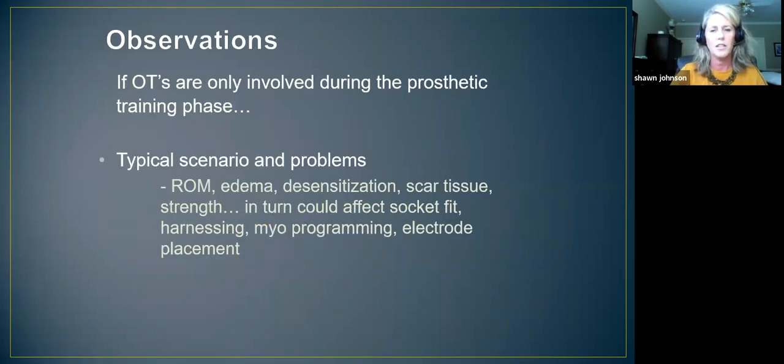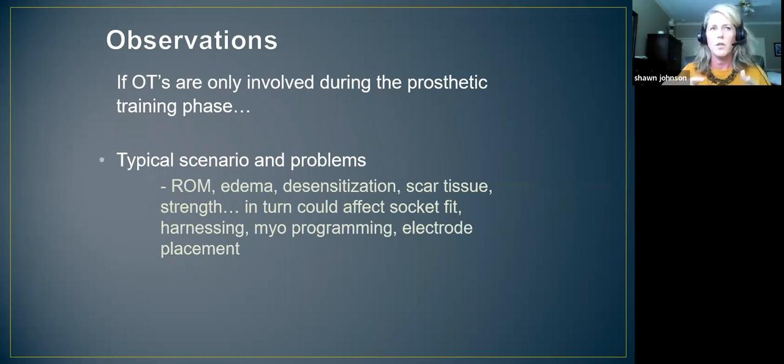If they're only involved after someone has already received a prosthesis, you can run into a few problems: if range of motion is an issue, if swelling is an issue, if there's hypersensitivity, if there are scar adhesions. A lot of those things, if we address them, could ultimately impact how a socket fits, how harnessing is, any myoelectric programming, or even the electrode placement.